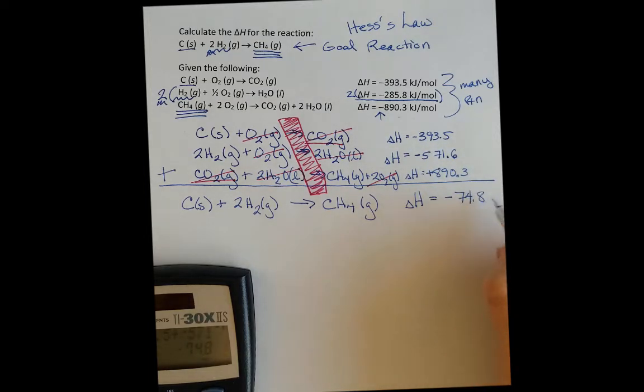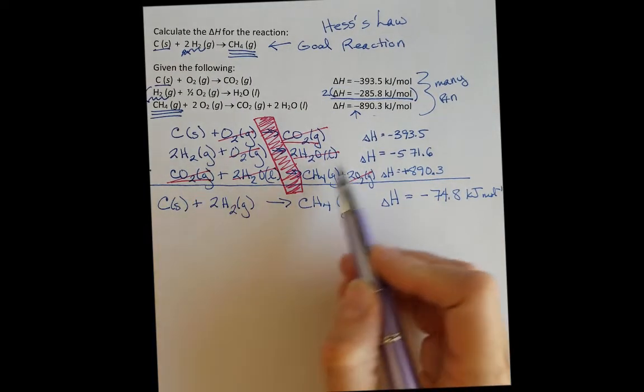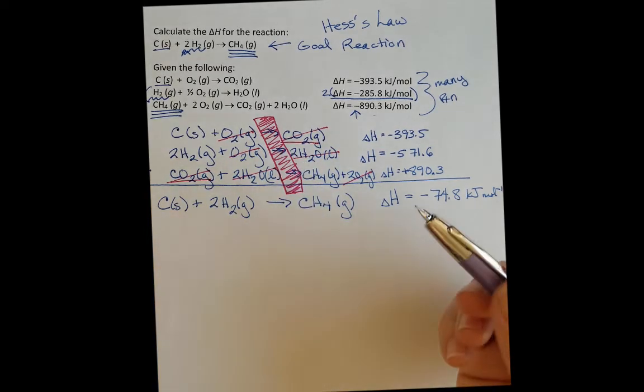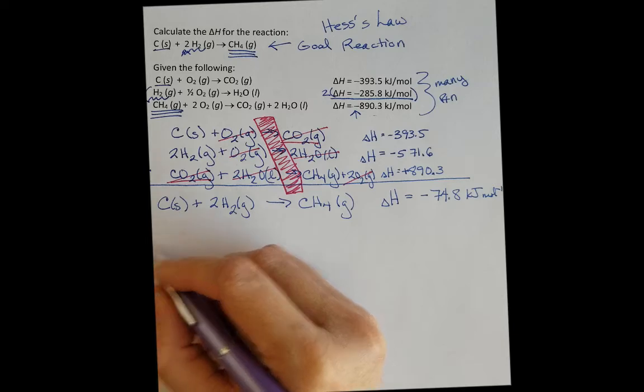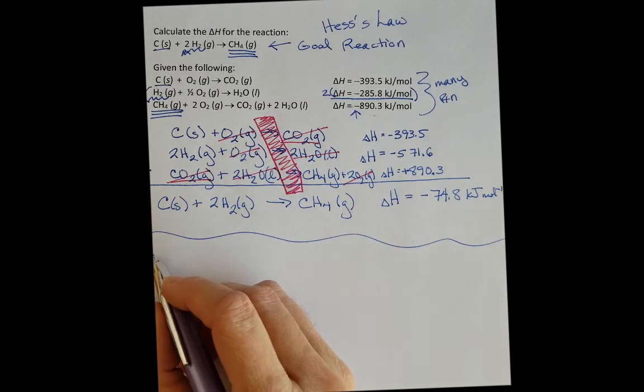I should have this, and my units were in kilojoules per mole. So I hope that gives you a better notion of Hess's law. I do think it's clearer to have everything lined up and do this cancellation. Sometimes you may see something that looks a little bit different, with all of my reactions together.